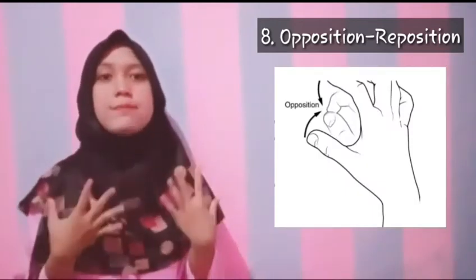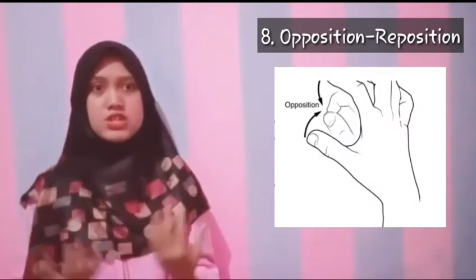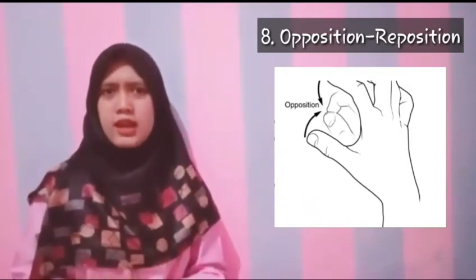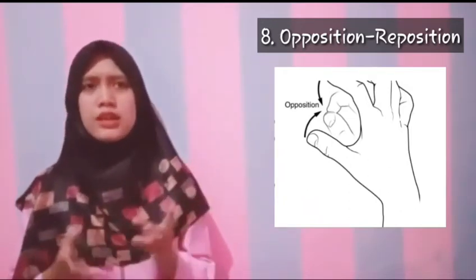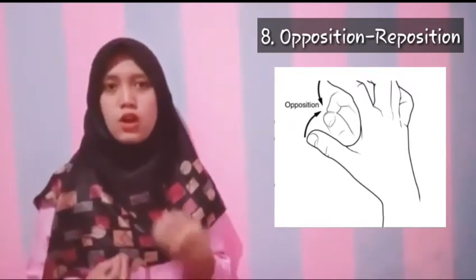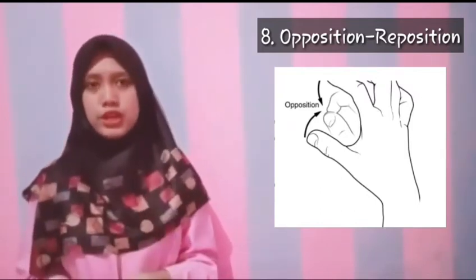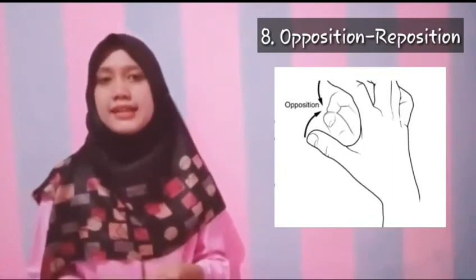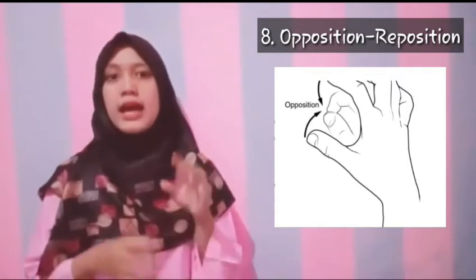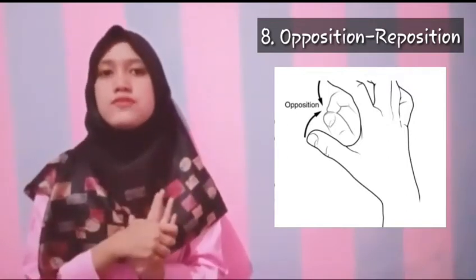Opposition and reposition are special movements unique to the human hand. They are movements that allow us fine dexterity to hold objects. Opposition and reposition occur at the thumb and little finger, digits 1 and 5 respectively.